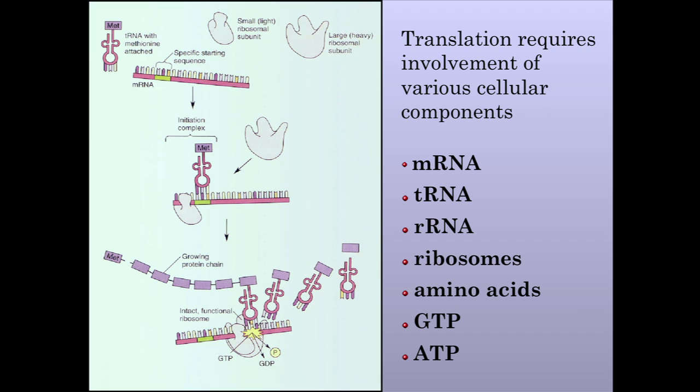So these have the corresponding code that brings in each one of the 20 amino acids. There's a ribonucleic acid in the ribosome, or rRNA, that makes up the ribosome complex, the 20 amino acids, and these molecules for providing the chemical energy involved in making the protein.